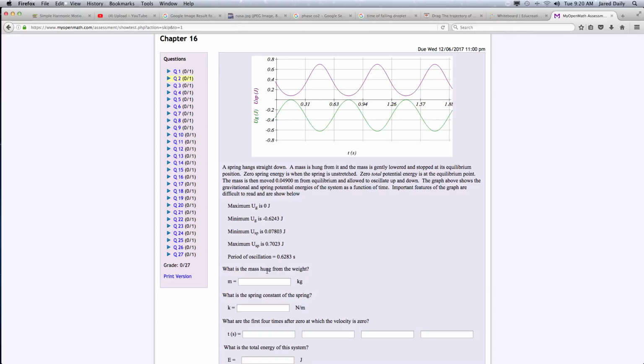Once you know the mass, then you can plug that into the spring potential energy equation, U equals 1/2 kx squared, and the x again is the maximum displacement of the mass on the spring, then you can calculate k. Once you've got k, then you can figure out everything.